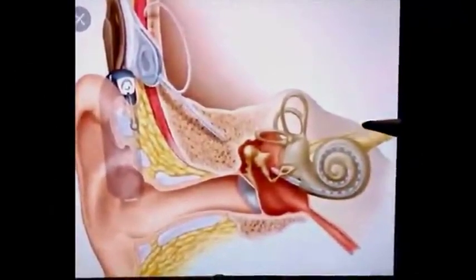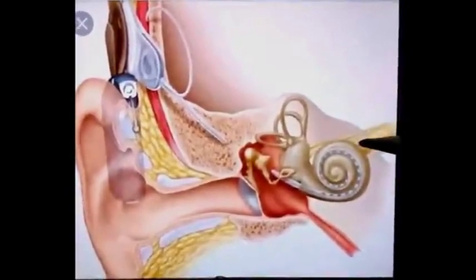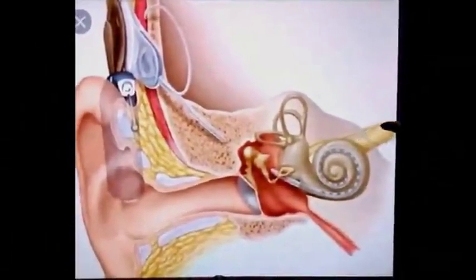Internal acoustic meatus is visible here. This is the internal acoustic meatus through which this nerve is leaving the petrous temporal bone.